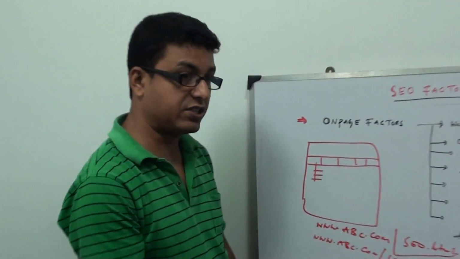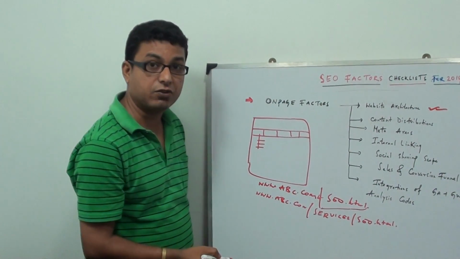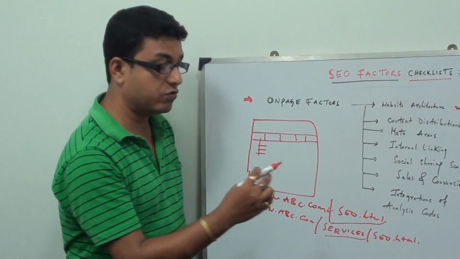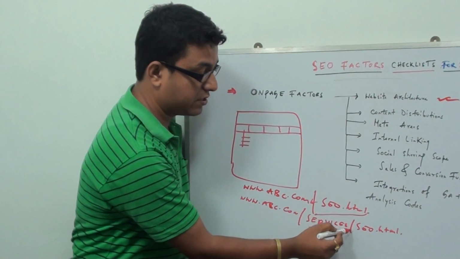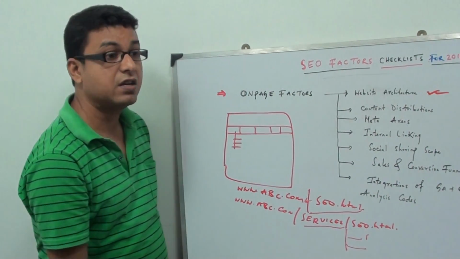So these two structures are defined: one connects directly to your root level, and the other is a folder under services where you offer the SEO section. Under services you can also go ahead with SMO sections, digital marketing sections, and a lot more.